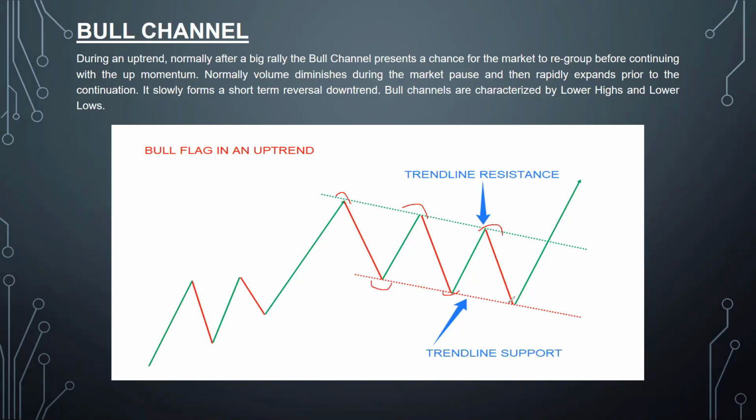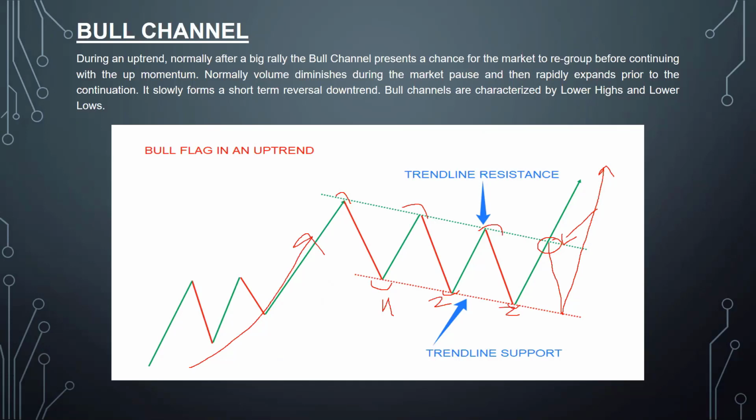The moment you see 1, 2, 3, you anticipate something to happen if your momentum is strong to the upside. If price does not break the upper trend line, the trend line resistance, then you wait, because it's going to come down and do the same thing before it shoots to the upside.